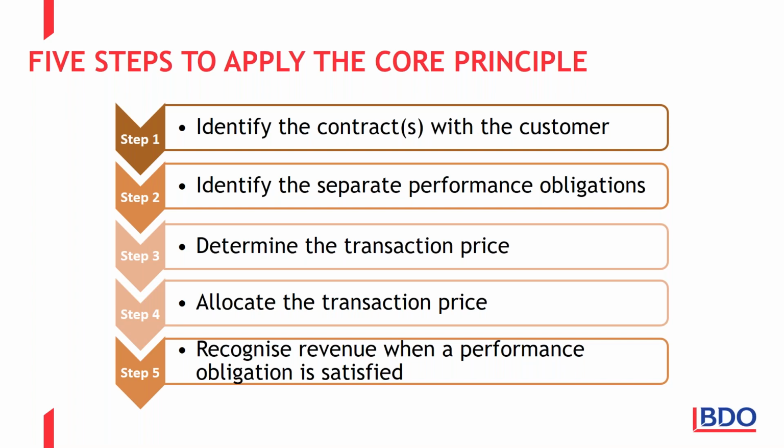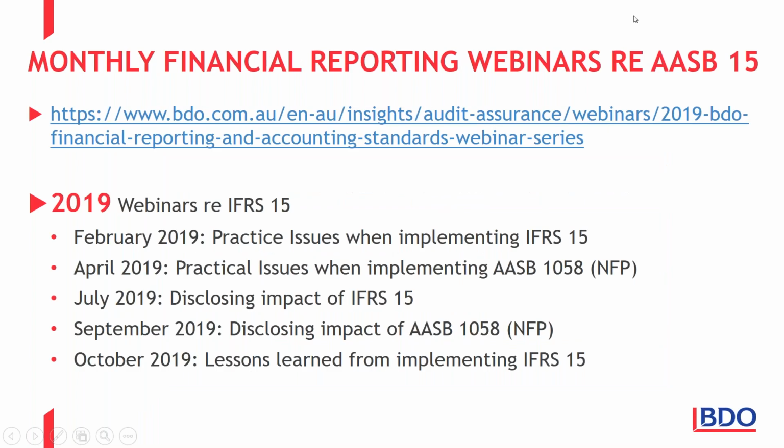However, they give us 3 situations where you can recognize revenue over time because we satisfy the performance obligation over time. So that is an important criteria to look at. Do we satisfy the performance obligations at a point in time or over time? To determine the timing, the amount of revenue recognition.